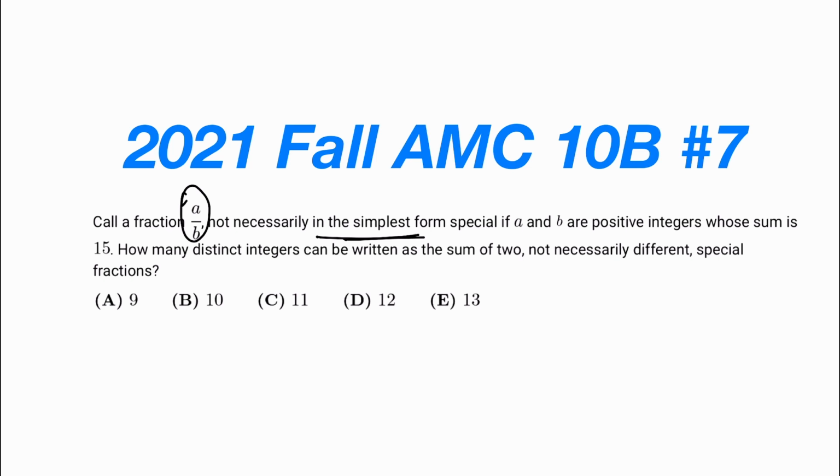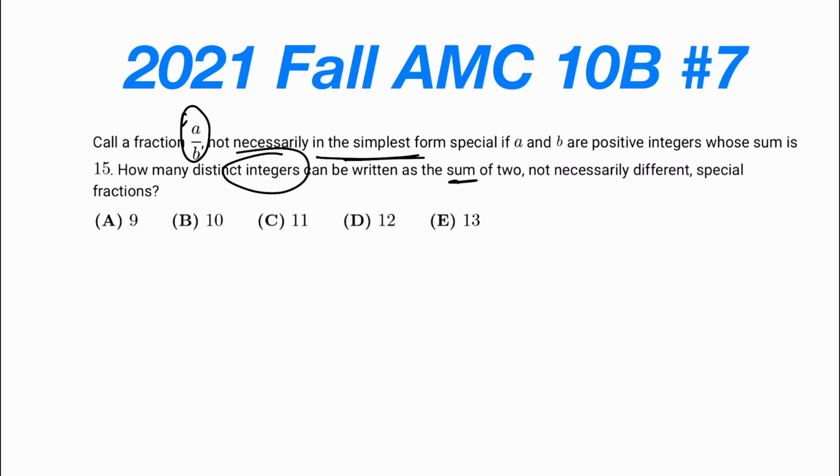Well, let's think about it. How many distinct integers? Well, we want an integer as the sum of 2. Well, let's just list out every single fraction, because it says a and b are positive integers.